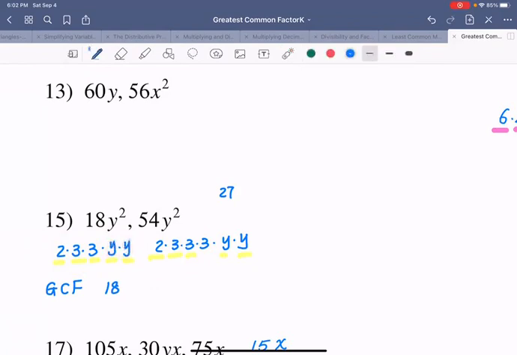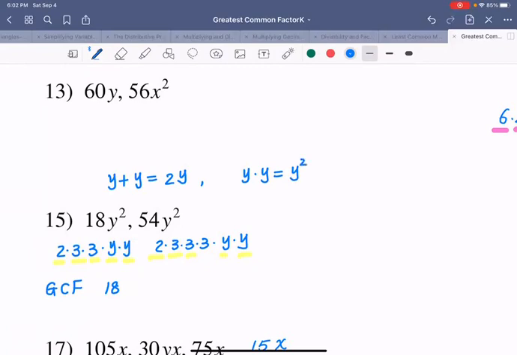Hold on, this is the thing I need to watch out for. y plus y is called combining like terms, that is 2y. But y times y is y to the power of 2.